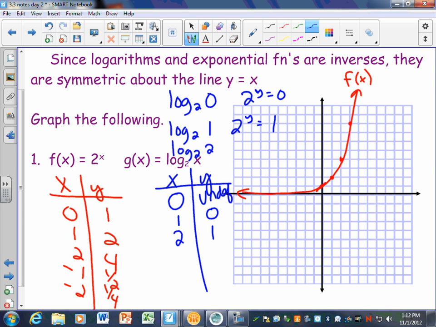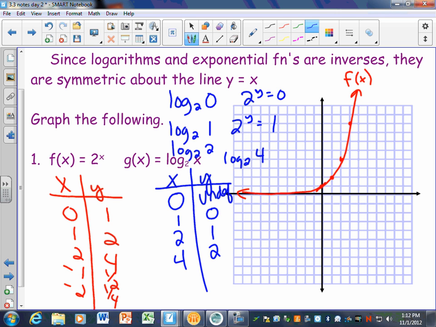What's the next number I can pick that I actually can get an answer for? 4. You cannot pick 3 because 2 to the what power equals 3? I don't know. Some decimal. So when you're picking your numbers, you've got to pick powers of your base. Like your base number tells you what to pick. So I could pick 4, and what power of 2 is going to give me 4? 2.